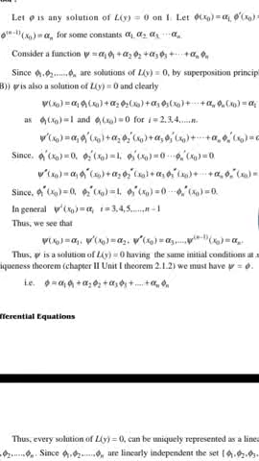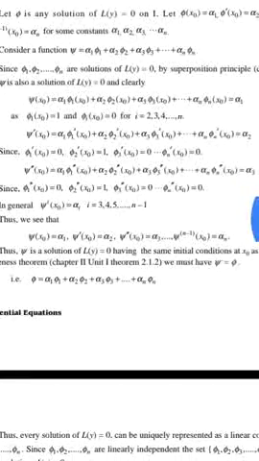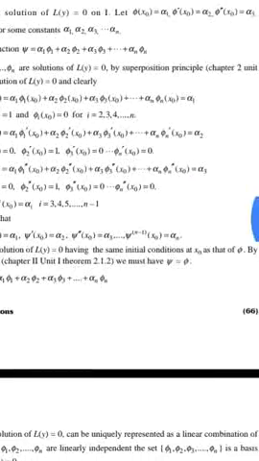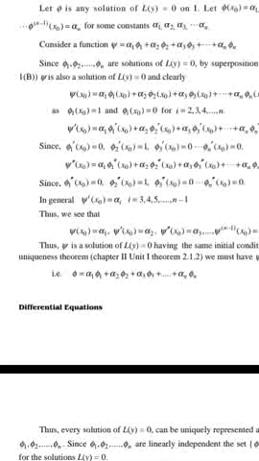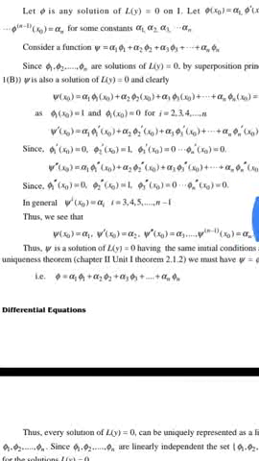psi double dash of x naught is equal to alpha 1 pi 1 double dash of x naught plus alpha 2 pi 2 double dash of x naught plus alpha 3 pi 3 double dash of x naught plus dot dot dot plus alpha n pi n double dash of x naught, which is equal to alpha 3. Since pi 1 double dash of x naught is equal to 0, pi 2 double dash of x naught is equal to 0, pi 3 double dash of x naught is equal to 1, pi n double dash of x naught is equal to 0.